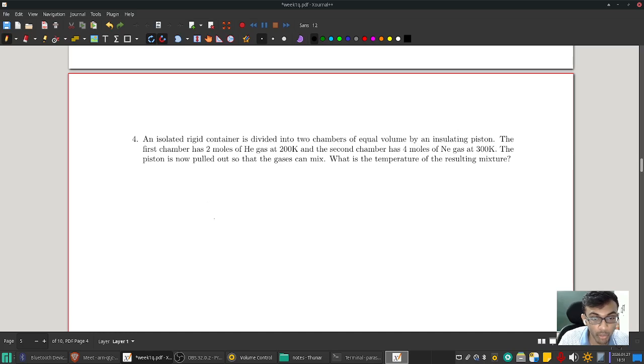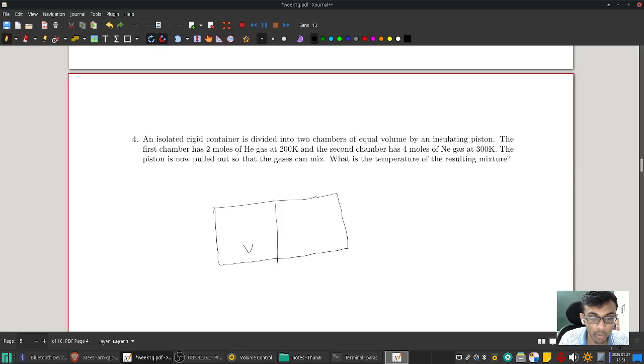Yeah, now, so moving on to the fourth question, we have what is said to be an isolated rigid container, and it is divided into two chambers of equal volume.